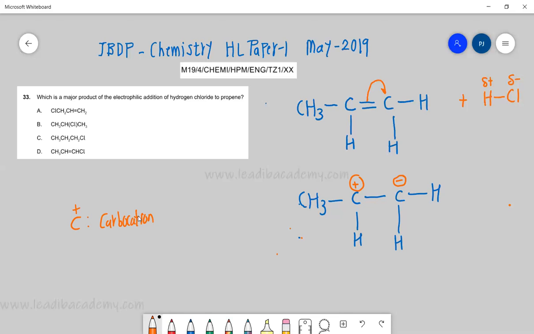Okay. So now we may have to decide. Please remember that even though this carbon is positive, it can get a supply of electrons from the adjacent methyl group as well as this negative charge. If this carbocation gets formed, it can get a supply of electrons from these two adjacent carbon atoms.